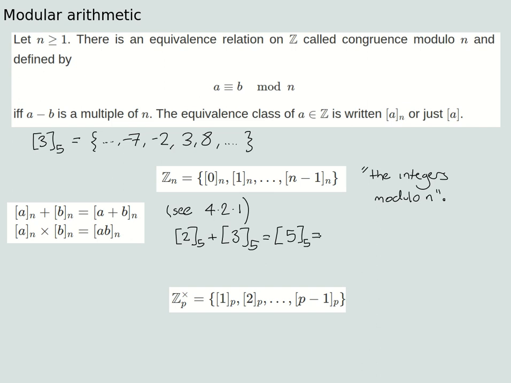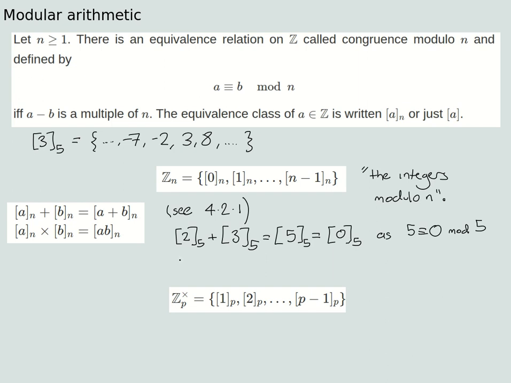And of course, if you want, you can rewrite that as the class of one of the numbers between 0 up to 4, since we know that every equivalence class is equal to the class of 0, 1, 2, 3 or 4 in this case. And in fact, this will be equal to the equivalence class of 0, as 5 is equivalent to 0 modulo 5.